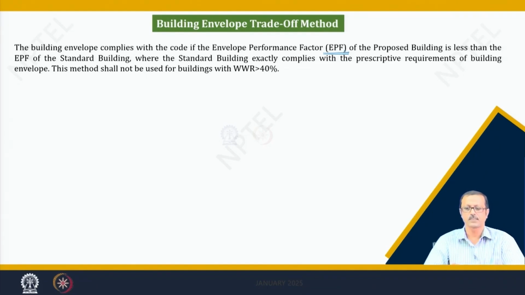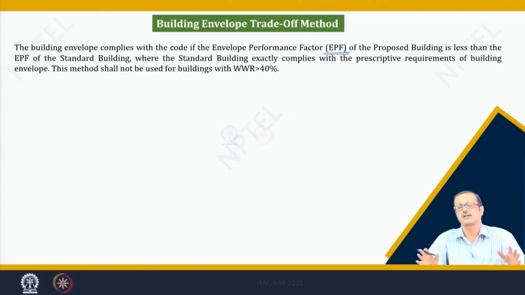So, this particular envelope trade-off method, or this EPF factor computation, is not suitable or should not be used where the WWR is more than 40%. That means, if a building is fully glazed or mostly glazed, so the amount of glazing is much higher, around 50-60% or maybe 80% in some cases, this particular method is not suitable for that or shall not be used for that.